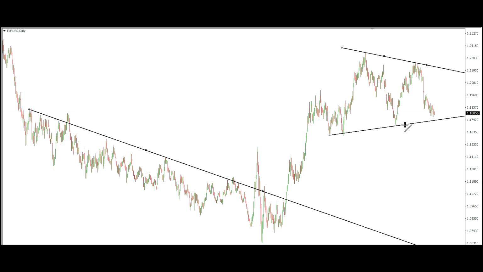So it's basically trading in this channel and what we call a symmetrical triangle. Again, I'll talk a little bit more about these chart patterns, but essentially it's just trading this range. So every time that it hits this level, you can look to buy, and anytime that it hits this level, you look to sell.